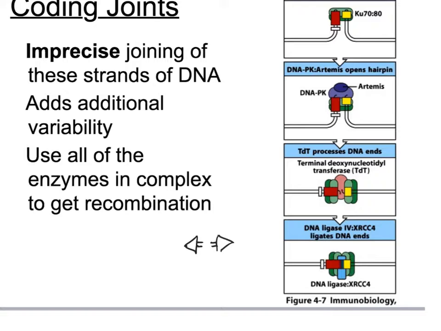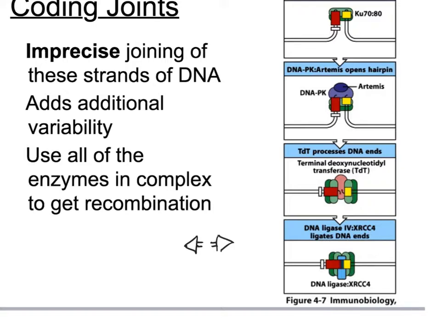You throw some nucleotides in there, and you hope that those nucleotides are going to generate a protein that's going to be functional. We're going to go into this in a little more detail. After nucleotides get added, then DNA ligase 4 and XRCC4 come in and do ligation.